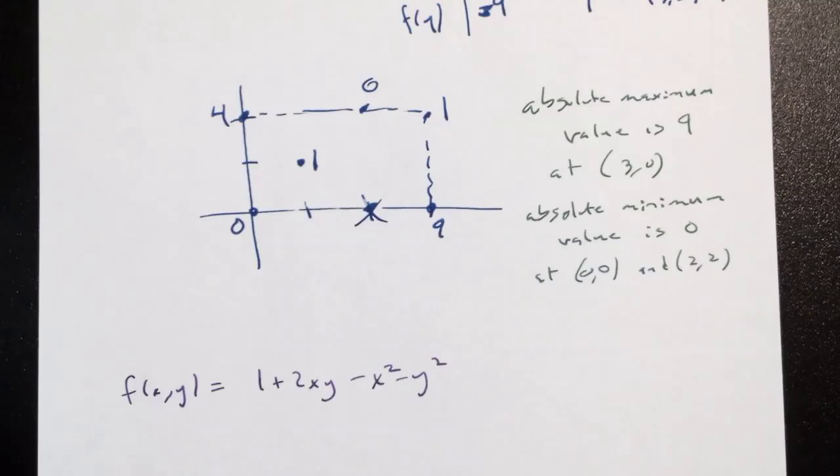I need to find the critical points. Partial with respect to x, partial with respect to y. What do I get?